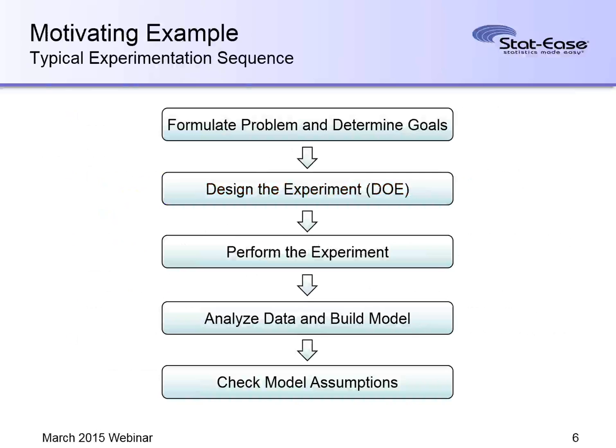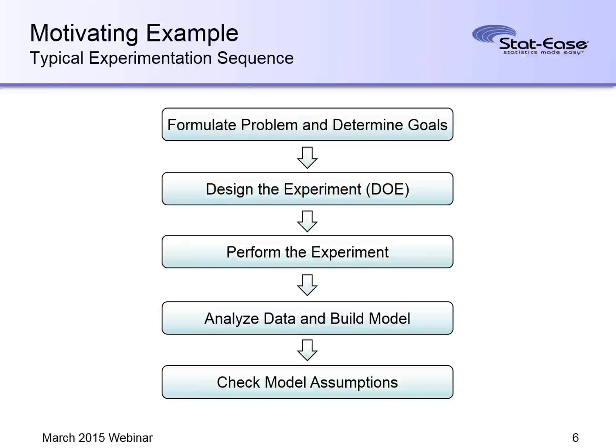Okay, so we'll begin with kind of a short, motivating example. For the experimenters that are here with us, you may find this chart to be familiar, because in a typical industrial experiment, there are usually these 5 steps. First, there's a problem that needs to be solved. So your job as an experimenter may be to formulate that problem clearly and determine the goals.